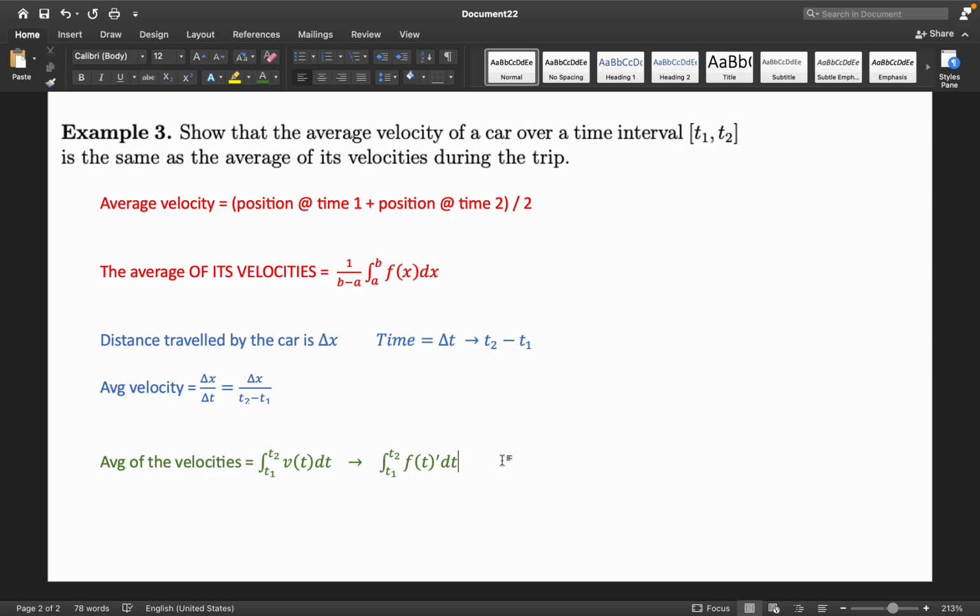Well, if I were to integrate this, what I'm going to get is one over t2 minus t1 of f of t2 minus f of t1.